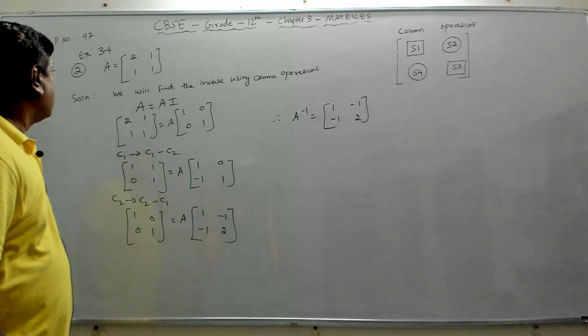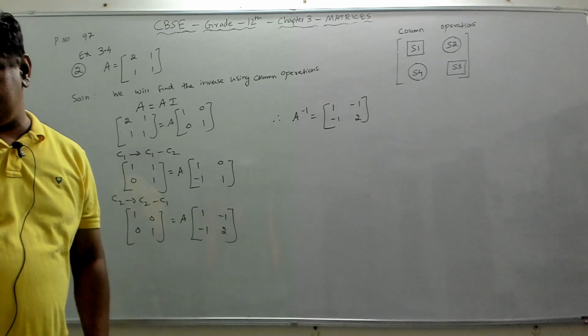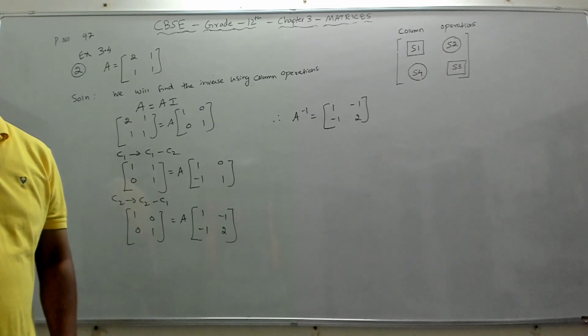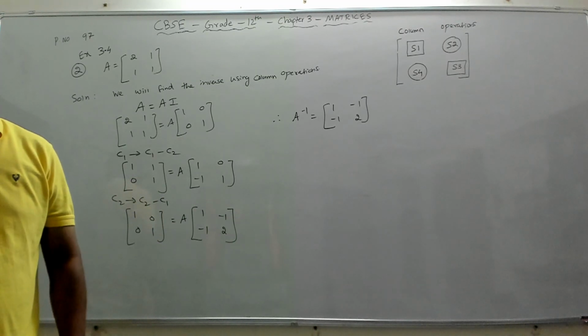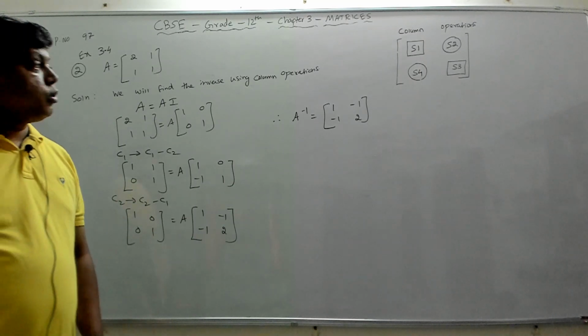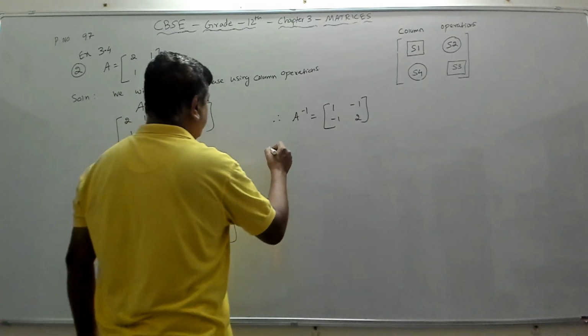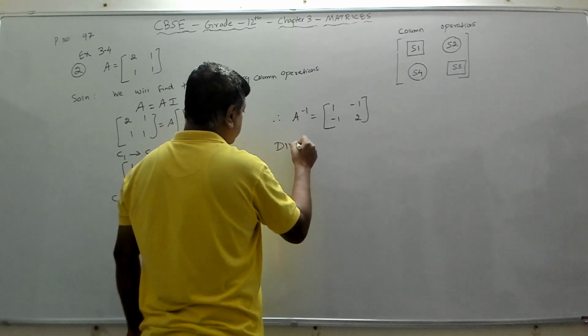Fine. Okay, now you can do the remaining problems. You can do 3, 4, 5, 6, 7, 8, 9, 10, 11, even 13 and 14. I'll do 12. Rest of the problems you can try. Do it yourself for homework.